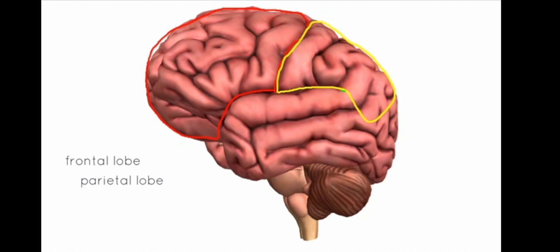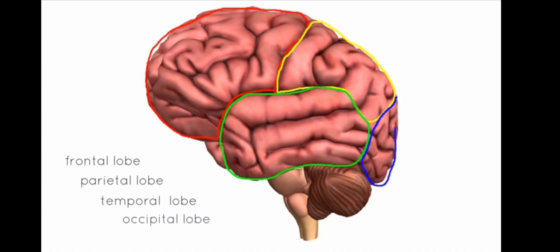This is now the green one, this is the temporal sulcus, and below that will be the temporal lobe. This is related to the temporal bone of the skull. And behind, this is the occipital lobe in blue, which is related to the occipital bone.